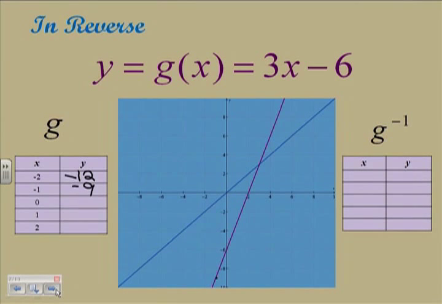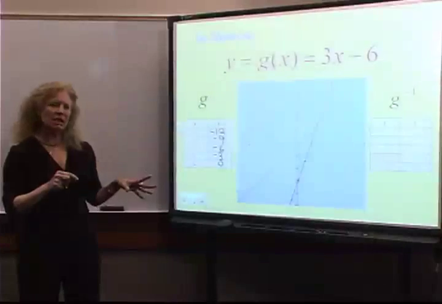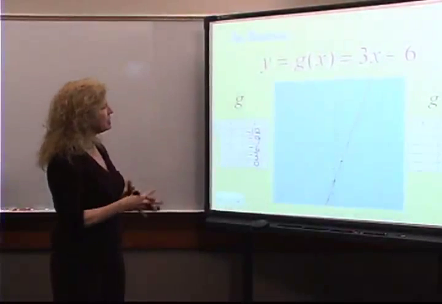If I plug in 0 for x, I get a negative 6, and we see that point on the graph. 1, negative 3 is on there, and 2, 0 is on there. So we have those particular ordered pairs on there, no big surprise.